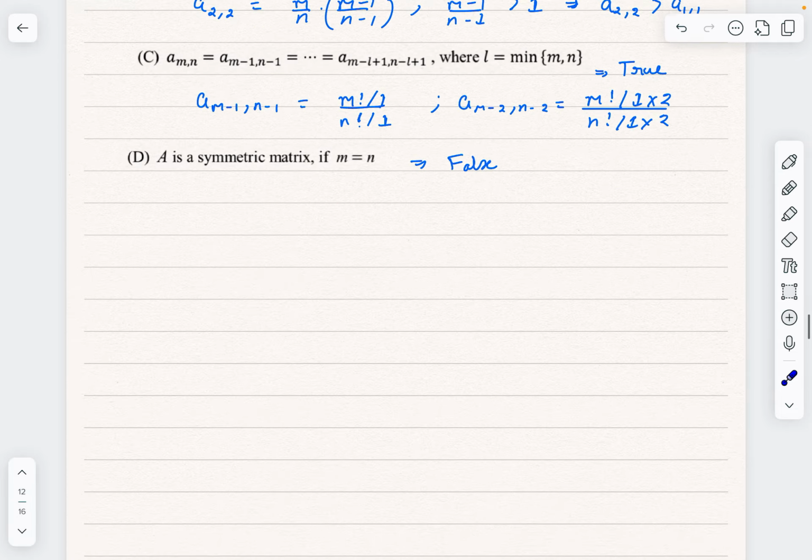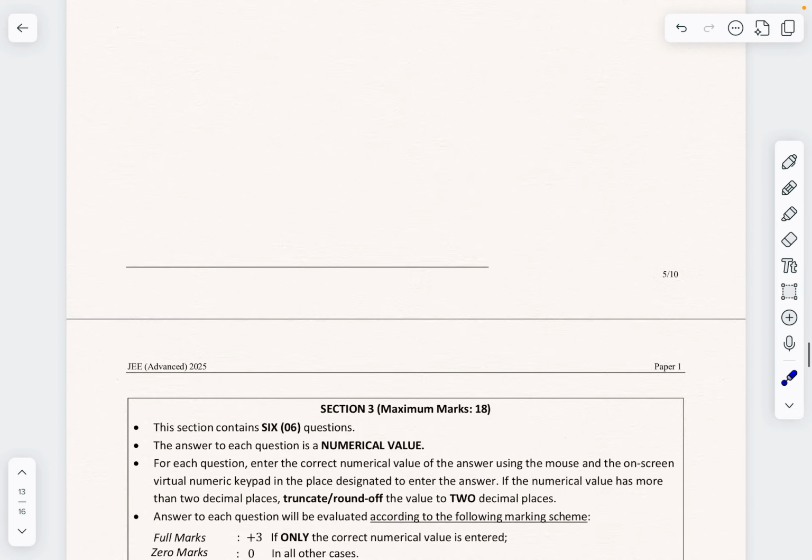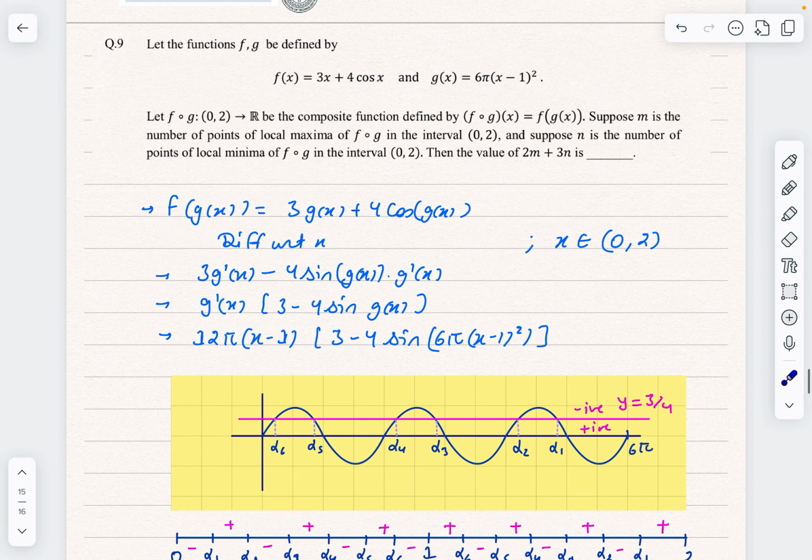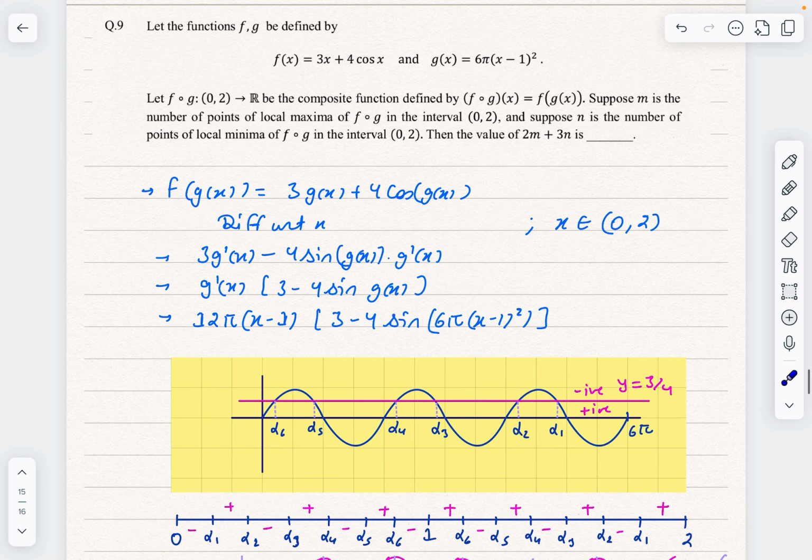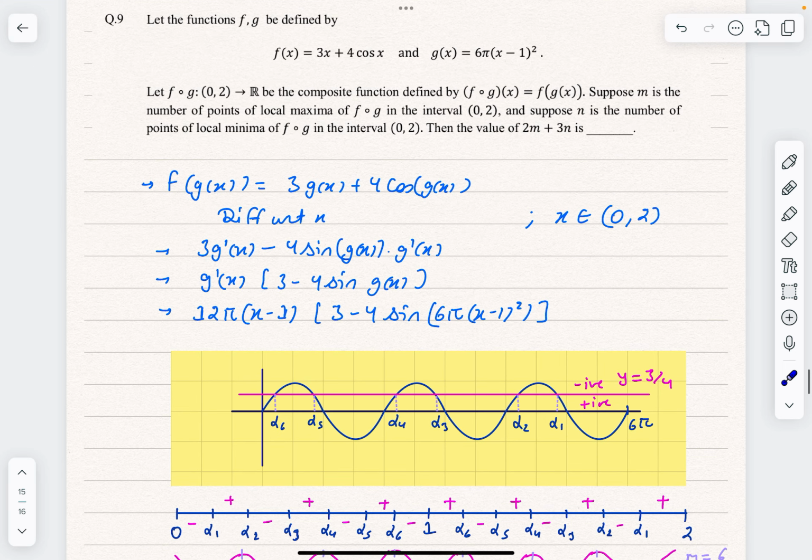Next. Now this is the ninth problem, a very interesting one. f of x is given as 3x plus 4 cos x. g of x is given as 6 pi x minus 1 whole square. The domain is 0 to 2.